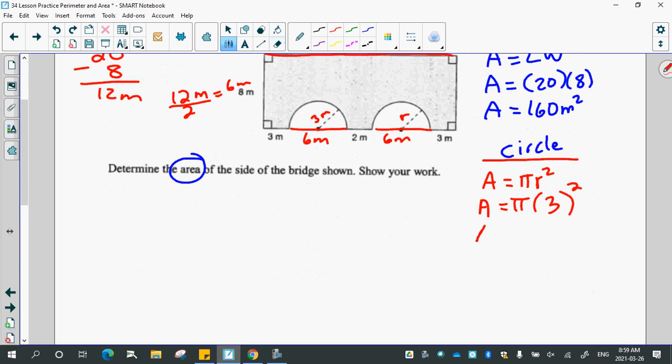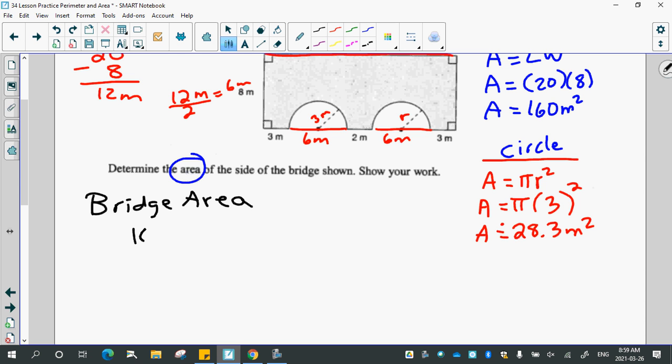So pi times 3 squared, or pi times 9, is approximately 28.3 square meters. So now to get the area of the bridge, we'll call it bridge area, I need to show that I'm subtracting.